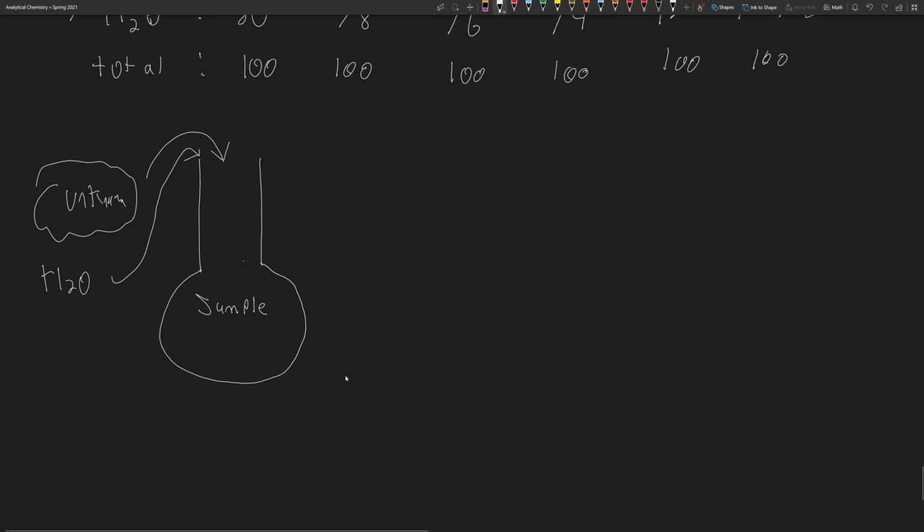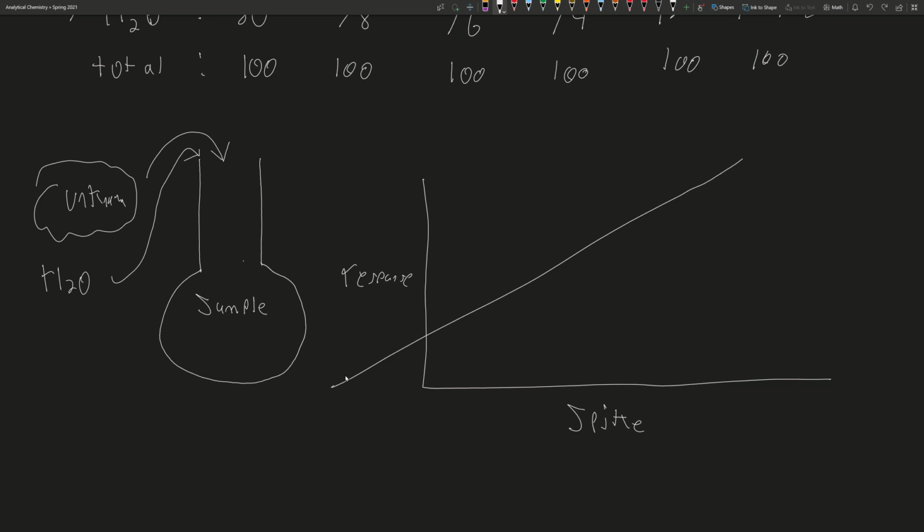We are going to plot this spike versus response. And we're going to get some curve that looks like this.